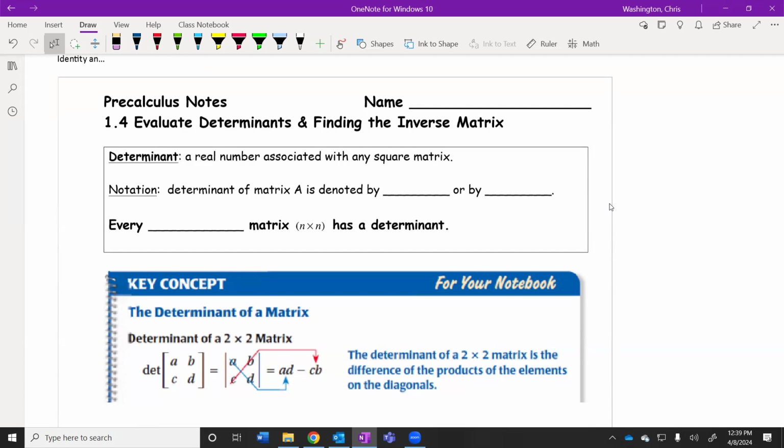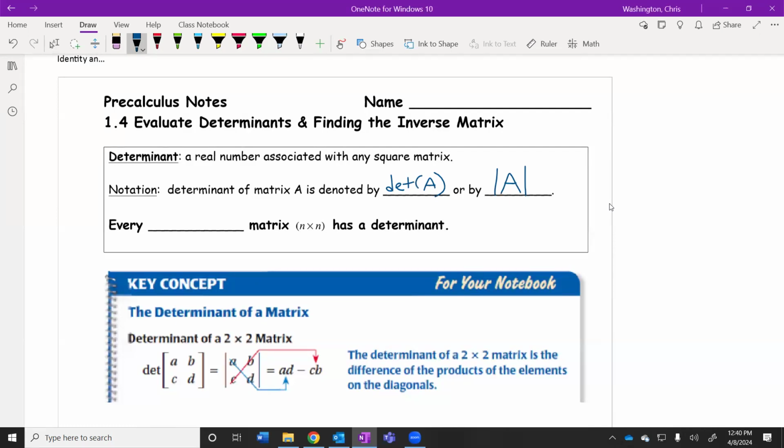To denote the determinant of a matrix, we can use this notation, the determinant of matrix A, or we can use what look like absolute value bars. They're not, but that's what they look like. Absolute value bars of A, which is really the determinant of A.